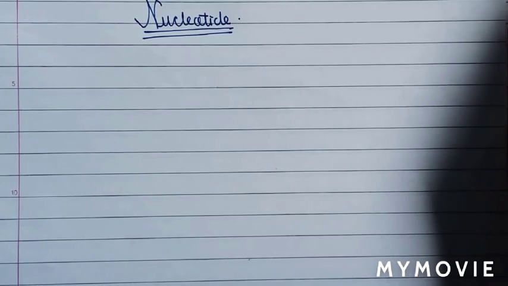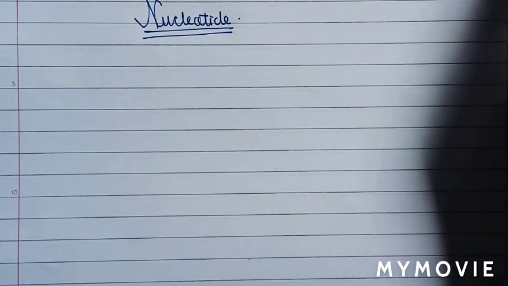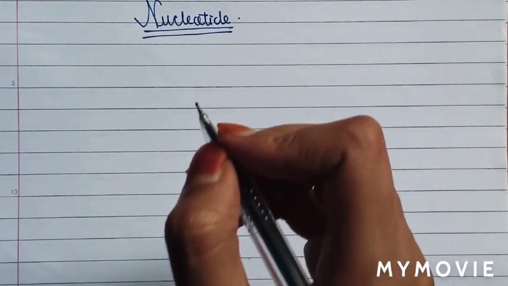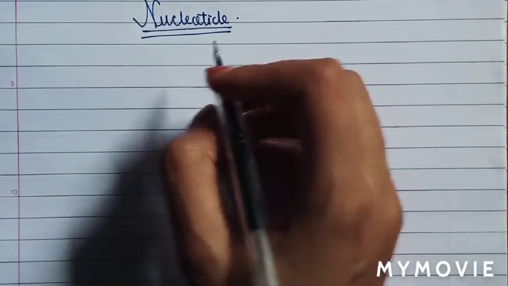We have seen the structure of pentose sugar, phosphate group, and the nitrogenous bases. Now I would like to tell you two terms: nucleotide and nucleoside.